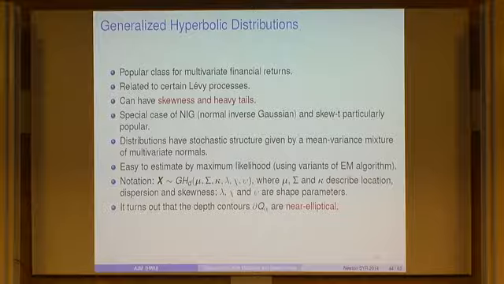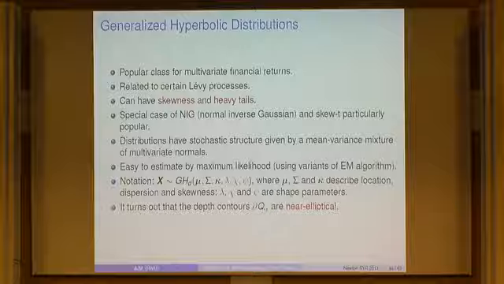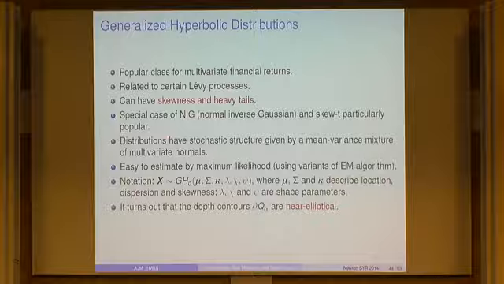For that reason, they're actually very easy to estimate from data, regardless of dimension. So whether the data is 2, 3, or 20, or 30, there's an EM algorithm that will estimate them by maximum likelihood, and it's implemented in an R library, ghyp, which works pretty well.